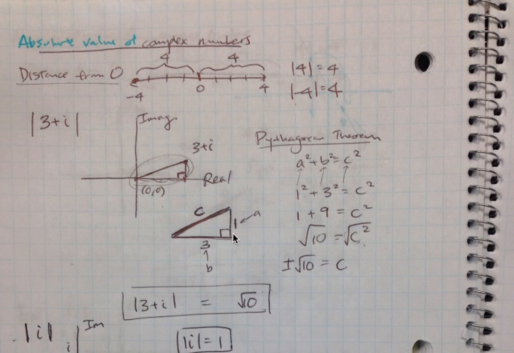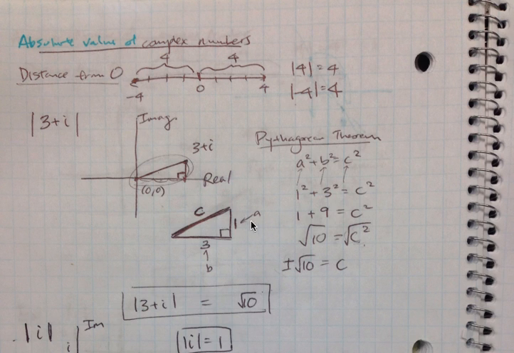And I know this side is 3 units because here I moved over 3 units to the right. And this side is 1 unit high. Notice how I didn't put i here, but I put 1 because it's 1 unit high. I know it's on the imaginary axis, but this is 1 unit up. So I'm going to put 3 and 1. That makes a huge difference. You don't want to put i here. So if this is 3, this is 1.